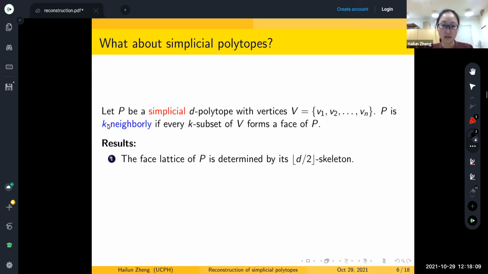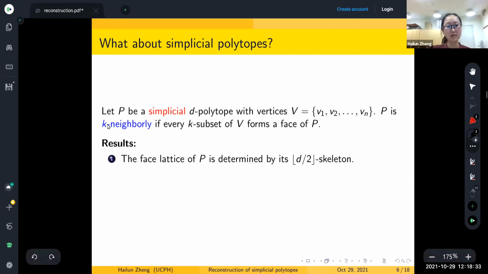This is a well-known theorem. If you have the face lattice all the way to faces of dimension D/2, then for the higher dimensional faces, you can use a topological argument to determine whether they are missing or are actually faces of P.